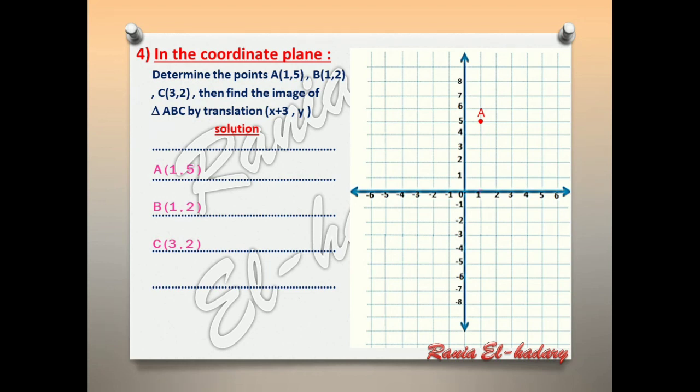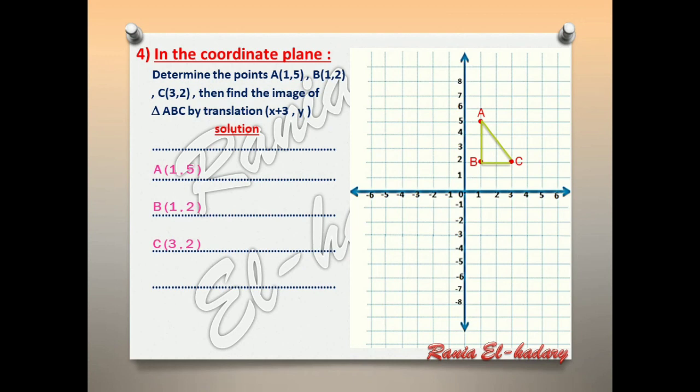Put the point B at (1, 2). And the last point is (3, 2). Its name is C. Join AB, BC, and AC to get the triangle ABC.